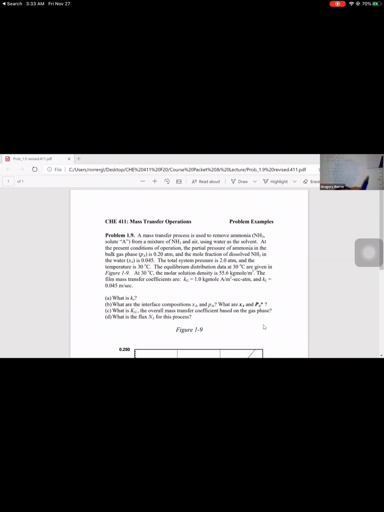From that, we will get PAI and XAI, and once we have that, with this non-linear equilibrium, we will be able to get the overall coefficients. So that's what we're going to do at the top of class tomorrow. We'll briefly recap this last part, do part C, and then move on to another problem.